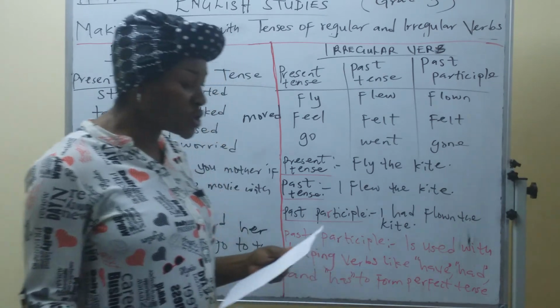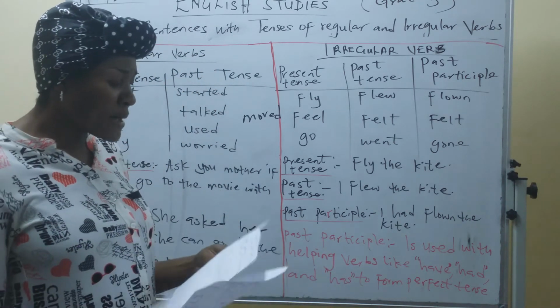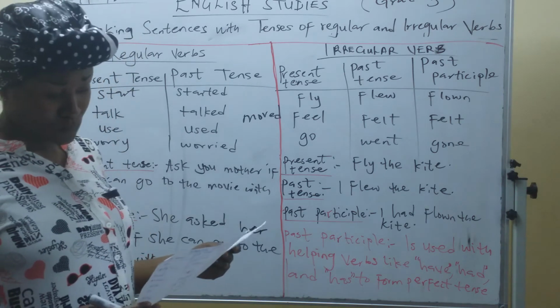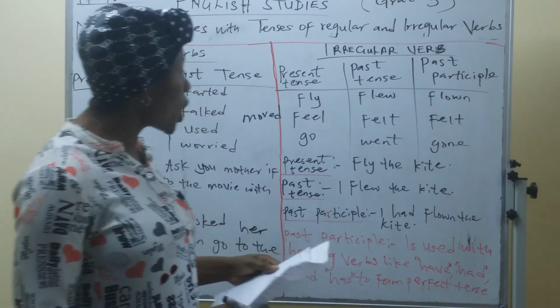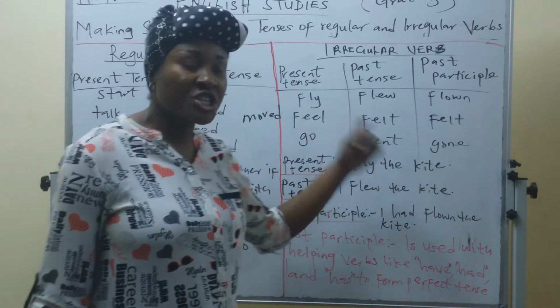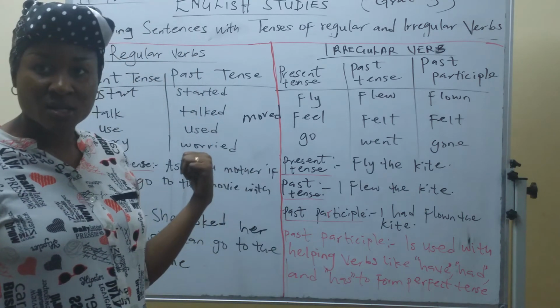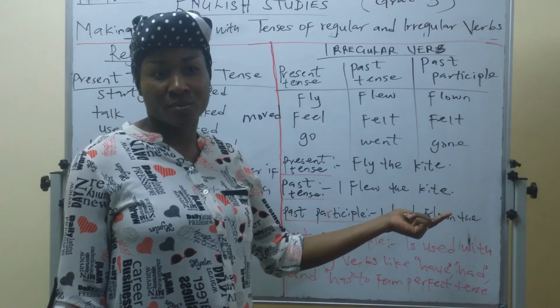And also, if I want to use the verb go to the school: she went to the school yesterday. She had gone to school 3 days ago.